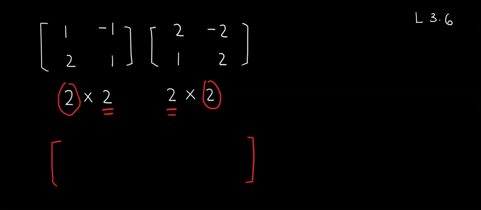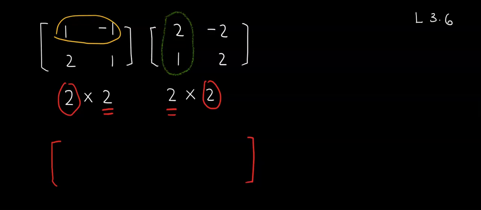I'm going to do horizontal here and vertical here. Then I'm going to write 1 times 2 plus negative 1 times 1. Put down here. And then I'm going to do horizontal and the second vertical. Remember, you want to do first one with this first one.